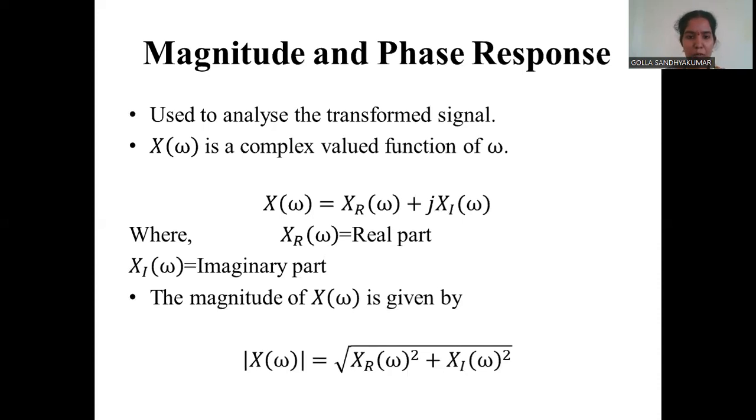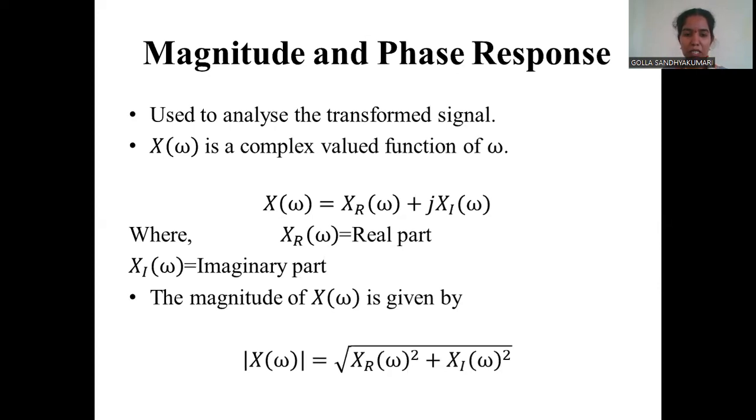Here, the magnitude response of a signal can be represented as X of omega. So X of omega is a combination of real part and imaginary part of a signal as Xr of omega plus j Xi of omega, where Xr of omega is the real part and Xi of omega is the imaginary part.